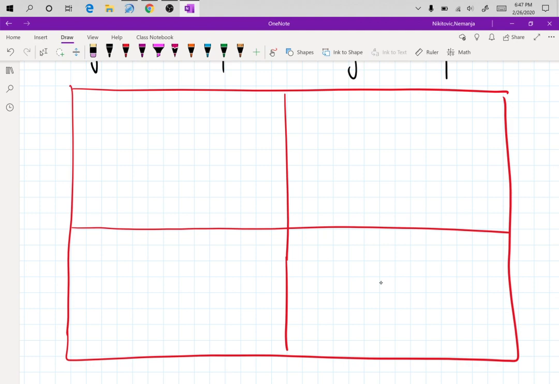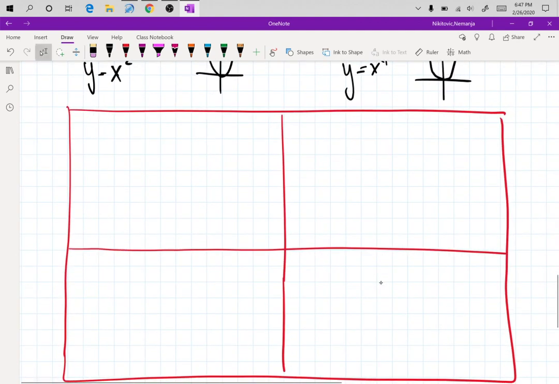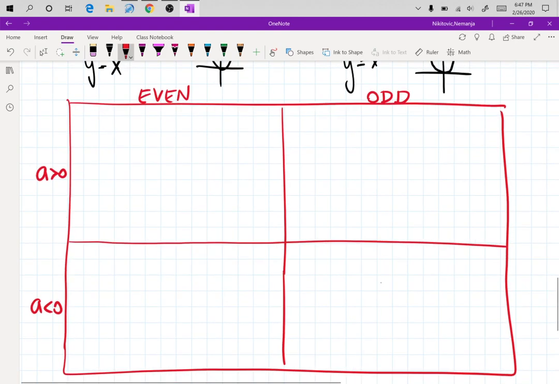So now, what goes into this chart? Well, on top of this chart, I'm going to say even and odd, and then I'm going to say a bigger than 0 and a less than 0. There's your setup.